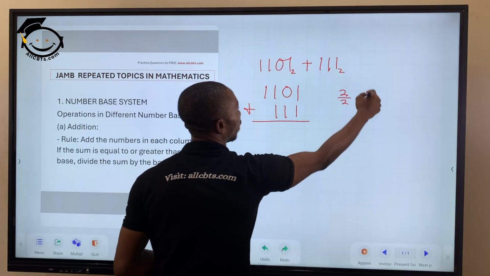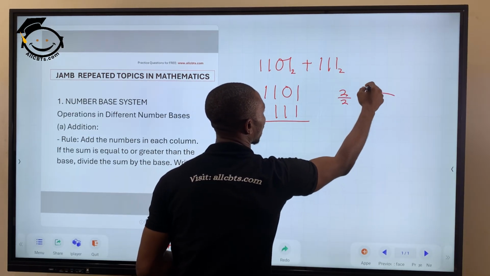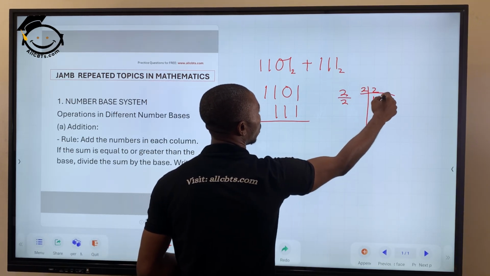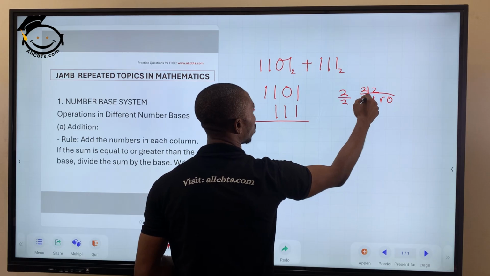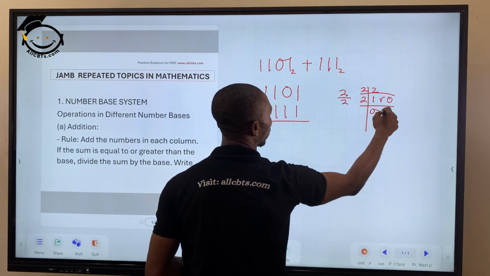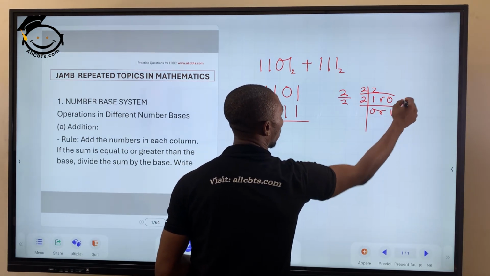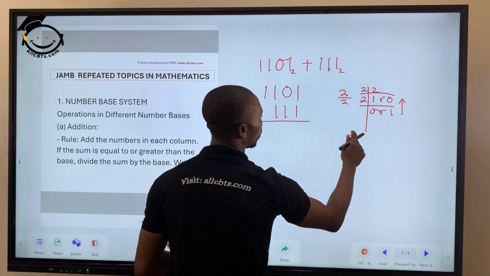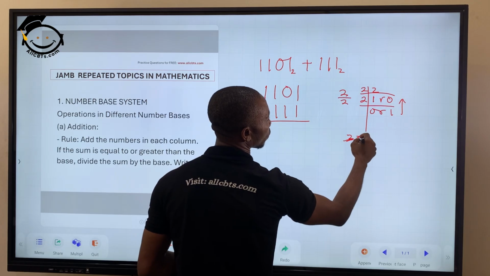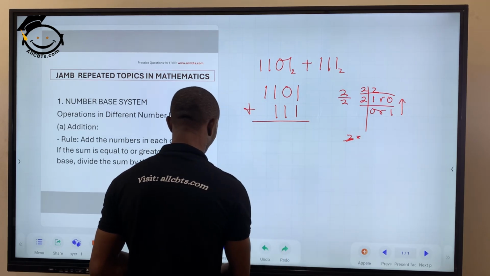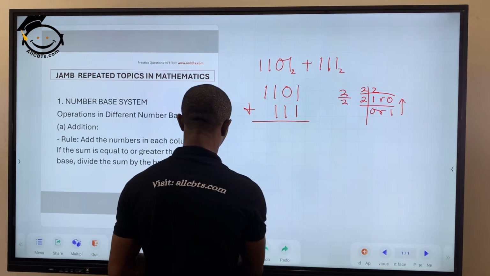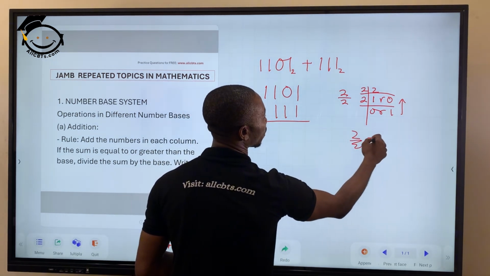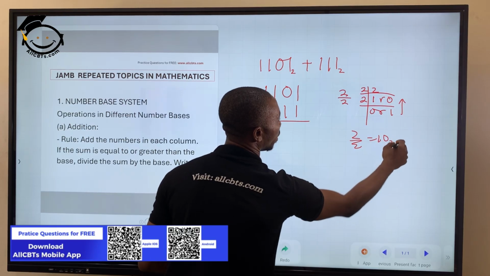In our long division method, we have 2 divided by 2. This will give us 1, remainder 0. So 2 into 1 will give us 0, remainder 1. Reading upwards, 2 divided by 2 gives us 10 in base 2.